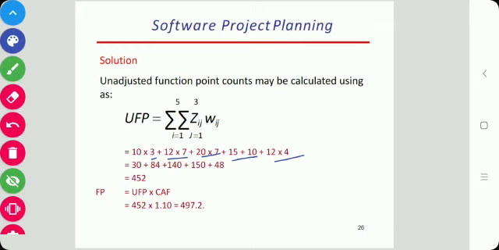So it is 452, and we have been given CAF as 1.10. So directly we will multiply UFP and CAF. So FP is equal to UFP into CAF. It is 452 into 1.10. This value is directly given in the problem. So it is 497.2.